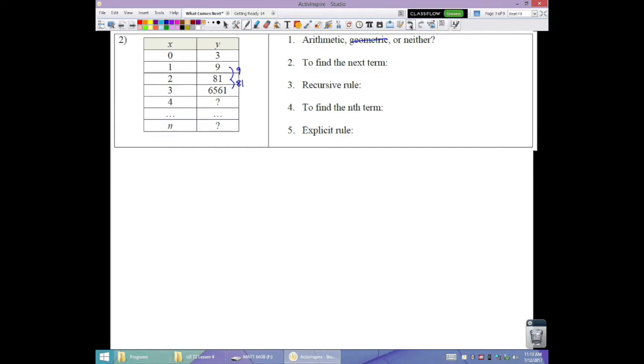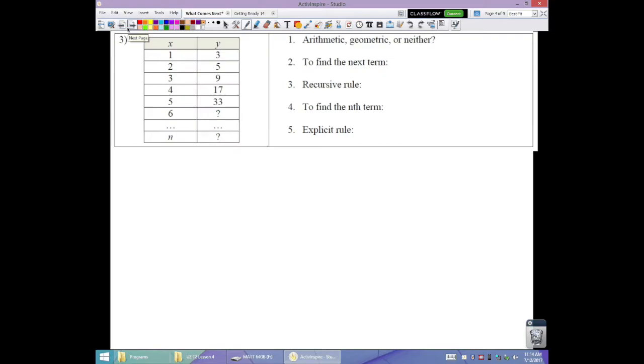I can tell, obviously, that it is not arithmetic either because 6561 minus 81 and 81 minus 9 and 9 minus 3 are definitely going to give me very different answers. So this is one of our two that are neither of our identified sequences, which means we do not need to do the other 4 parts of the question.